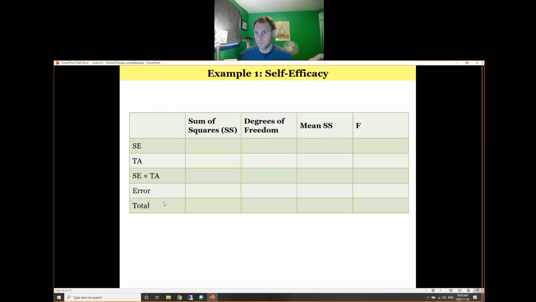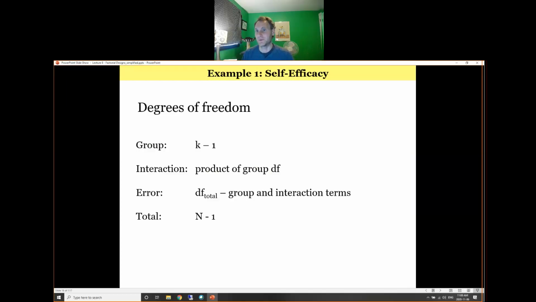So what do I like to do first? The simplest part to fill in is our degrees of freedom. Our group degrees of freedom is the same as before. It's K minus 1. So however many levels you have in each group, it's that minus 1. And then the interaction is just the product of those. You can just multiply them together. Our error term is our DF total, our degrees of freedom total, subtracting out the group and interaction terms.